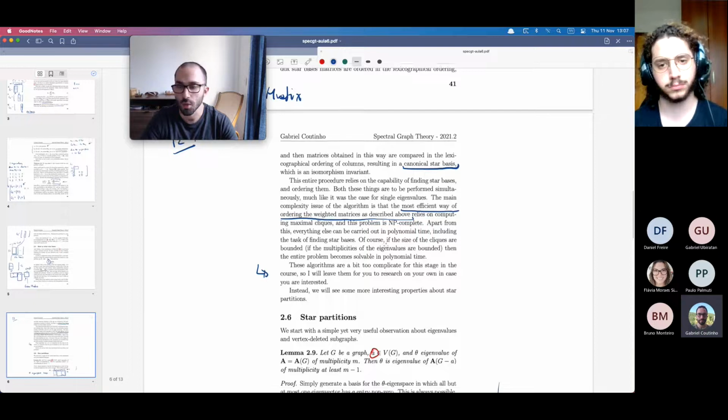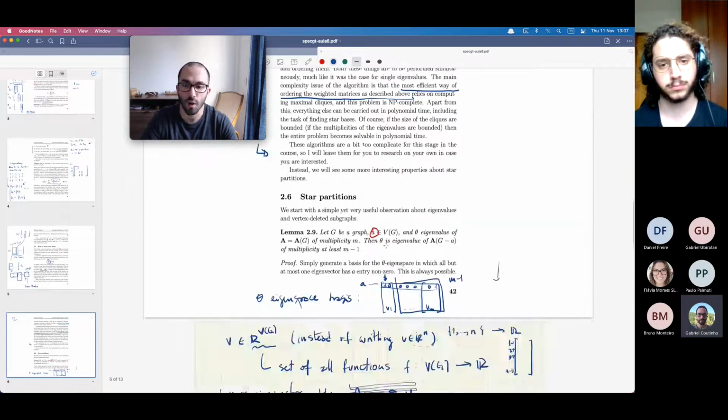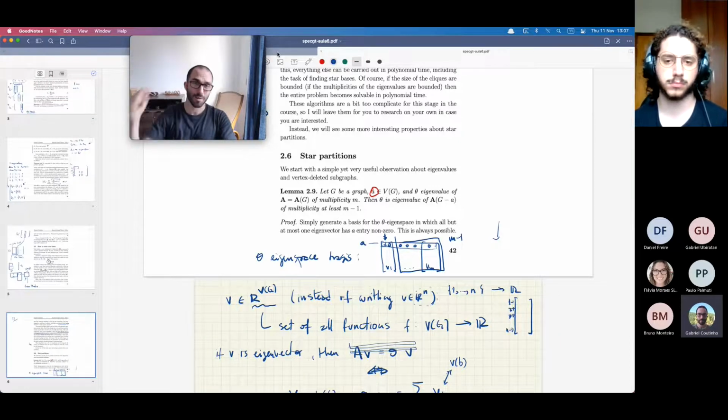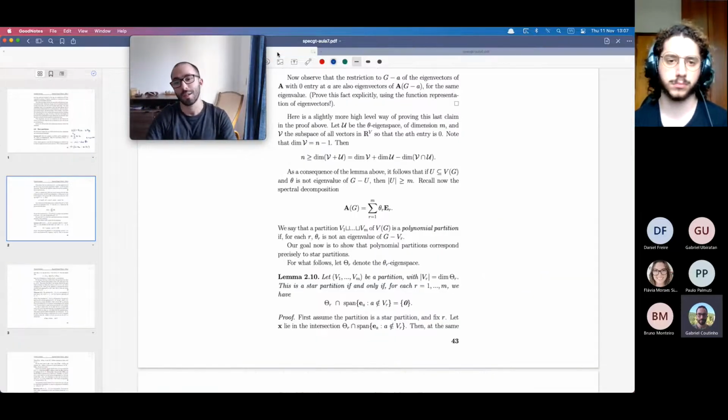I mentioned how the star partitions could be used for a graph isomorphism algorithm, but then I decided not to pursue that direction, and I decided to actually show more results about star partitions without the goal of using those partitions to decide isomorphism.